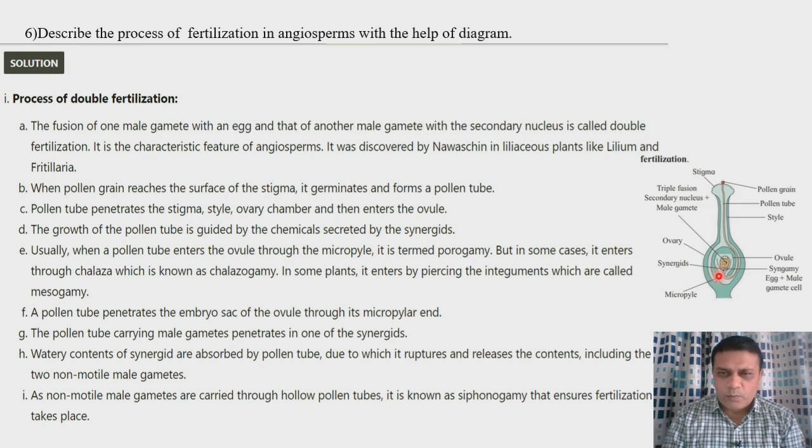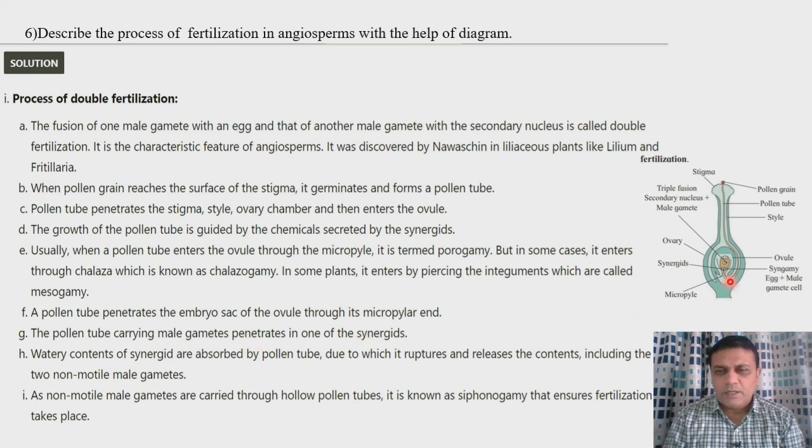So this pollen tube penetrates the embryo sac of the ovule through the micropylar end. That means the pollen tube enters the embryo sac through this micropylar end. Then the pollen tube carrying the male gametes penetrates one of the synergids.